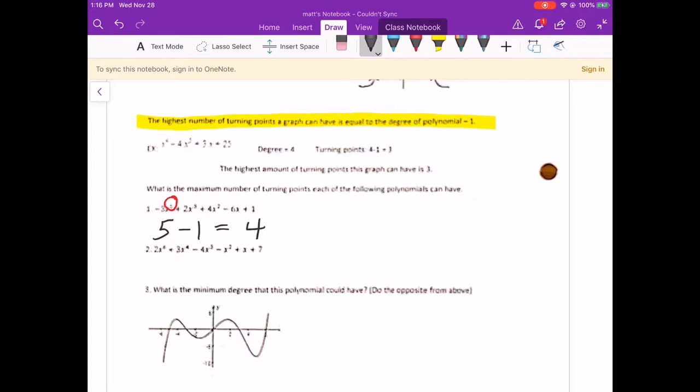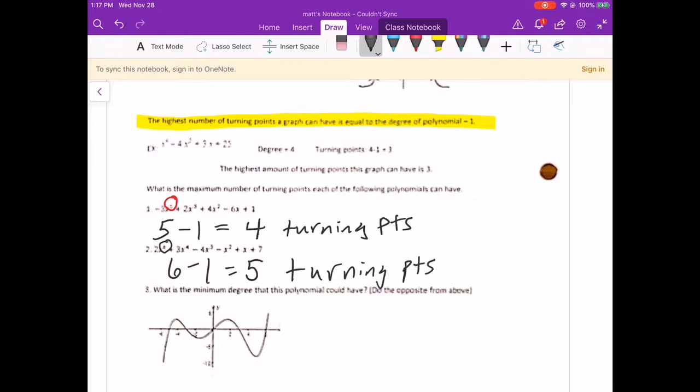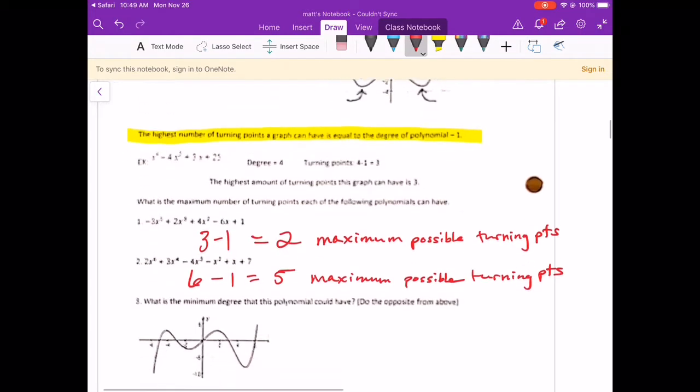So there is a maximum of 4 turning points. Okay, do that one more time. The degree of number 2, the highest exponent, is 6. So I would do 6 minus 1 for a maximum of 5 turning points possible.